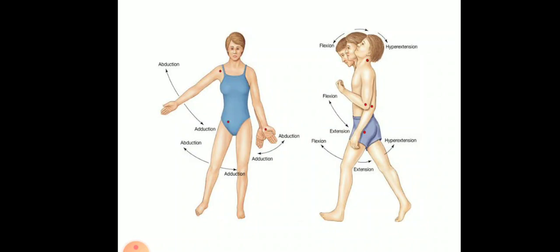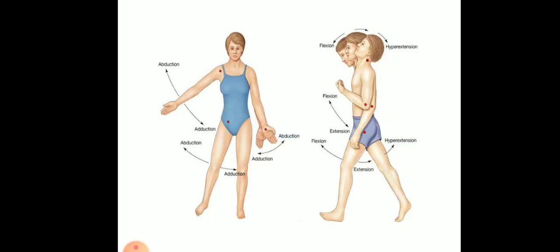Then circumduction is the movement which takes place between the head of the bone and its articular cavity. It is a compound circular movement which involves flexion, extension, adduction, and abduction.